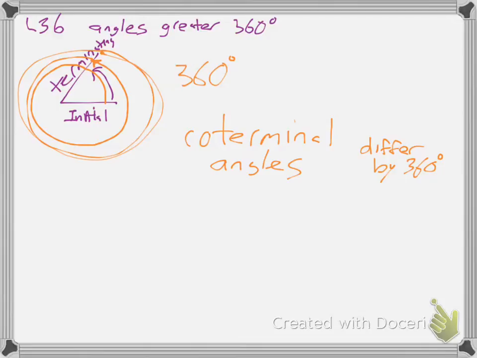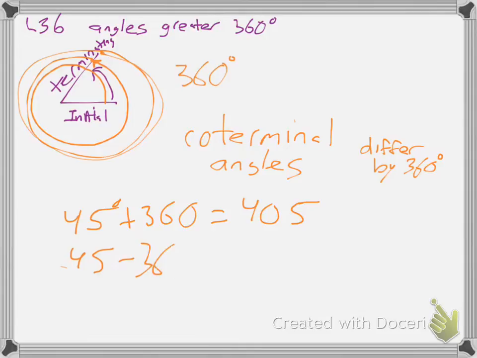Okay? So, if I come over here and I say 45 degrees, find me a positive and negative coterminal angle. You guys are hopefully saying, not a problem, Mr. Konchak. All I need to do is add 360. And I'd be at 405. And take 45 and, if I want a negative one, subtract 360.